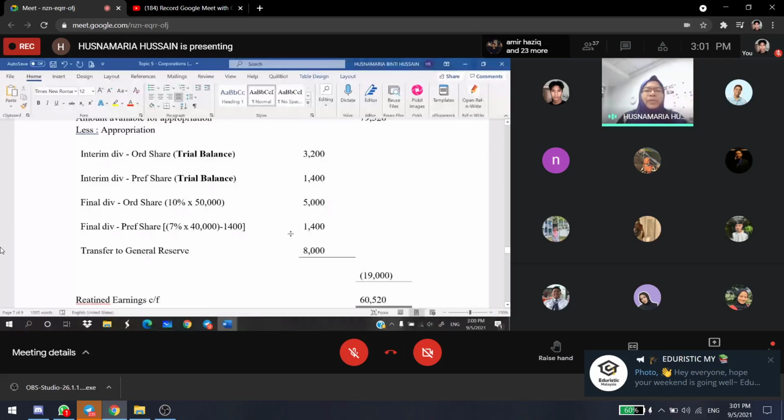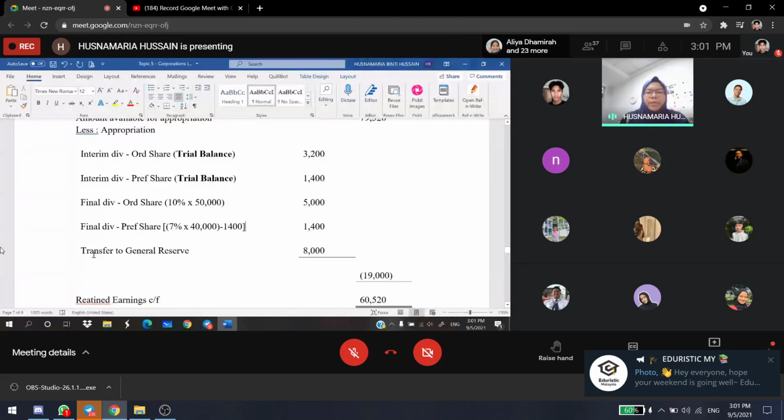Careful. That's why we minus the interim. Ordinary depends on the profit. So whatever the amount, there is no limit to the amount that ordinary shareholders will get. So no matter how much amount is given, we just multiply. So be careful regarding final dividends for preference shareholders.